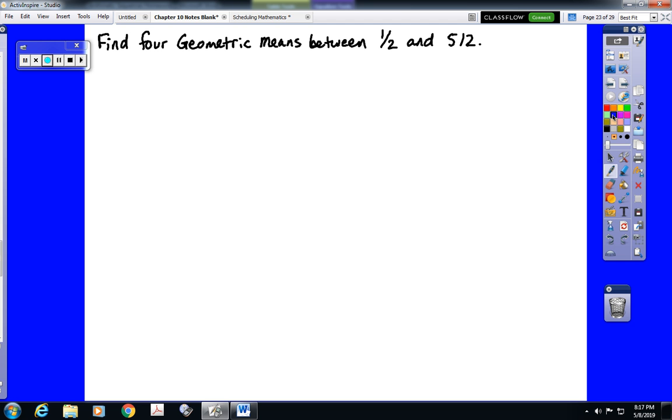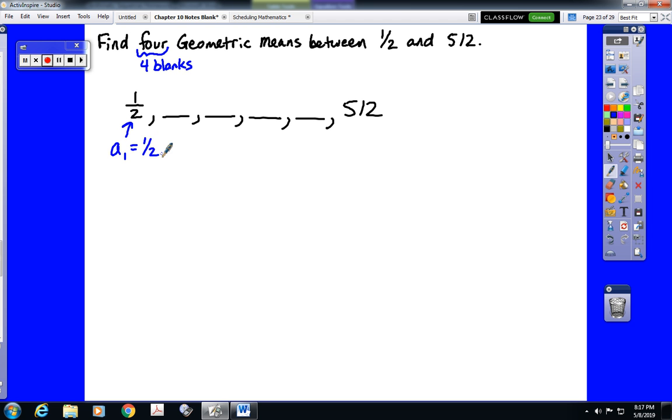So we're looking for 4 geometric means this time, meaning we're going to put in 4 blanks between 1/2 and 512. So we have 1/2, and then we have 4 blanks, and then 512. The reason we write it that way, once again, is so that we can recognize that a sub 1 is 1/2, 2, 3, 4, 5, 512 would be the 6th term, meaning if we let n equal 6, we have enough information to solve for the common ratio.